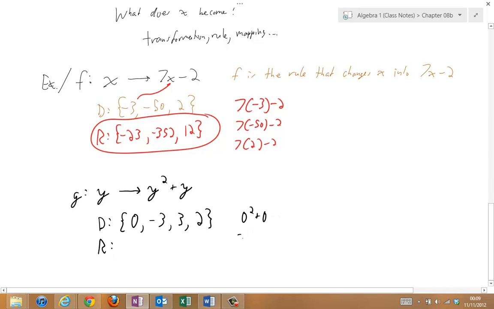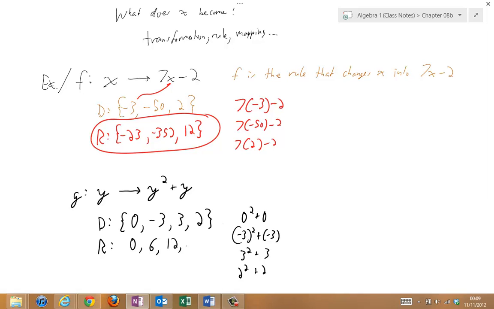Then I'm going to do -3 squared plus -3, 3 squared plus 3, and 2 squared plus 2. 0 squared plus 0 is 0. -3 squared plus -3 is 6. 3 squared is 9, plus 3 is 12. 2 squared is 4, plus 2 is 6.